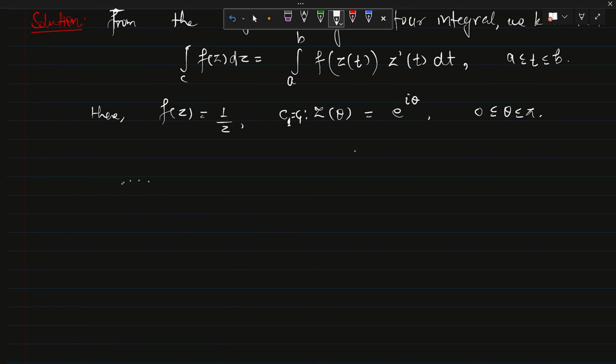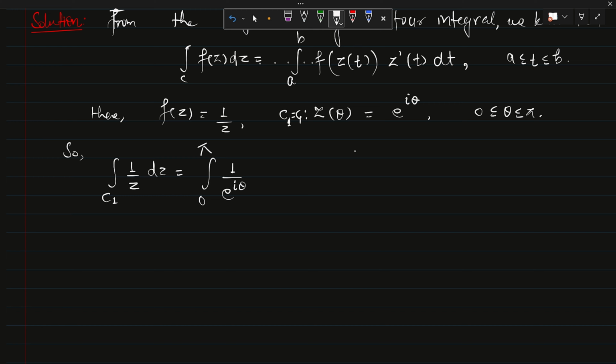The integral along C1 of 1 by z with respect to z is nothing but the integral where the initial limit a is 0, ending with pi, and f of z(t), that is 1 upon z, where z is z(theta), equals 1 upon e to the power iota theta.